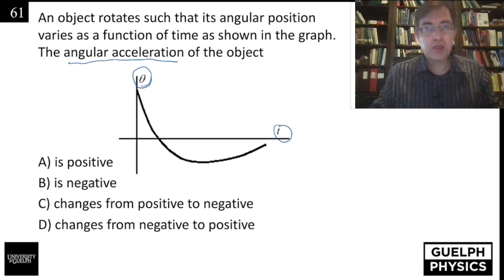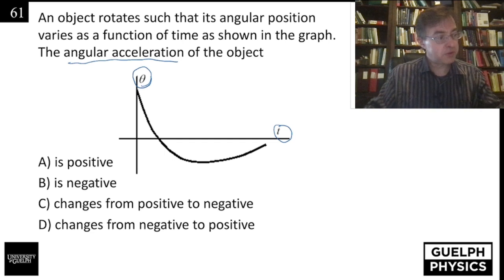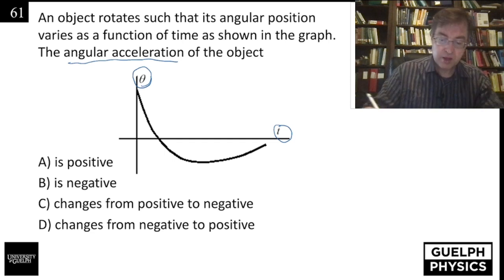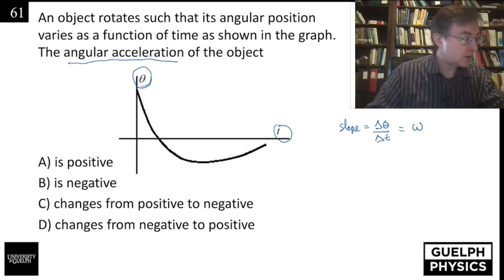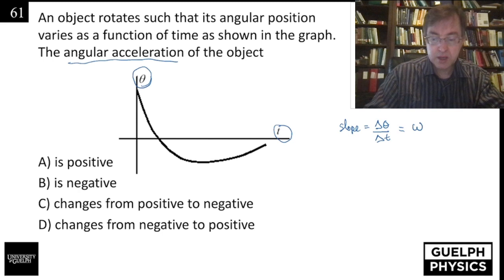So this is a theta t graph, or the analog of a position time graph, and the slope of the graph is the change in the angle with respect to changes in time, and that's the angular velocity omega, okay?